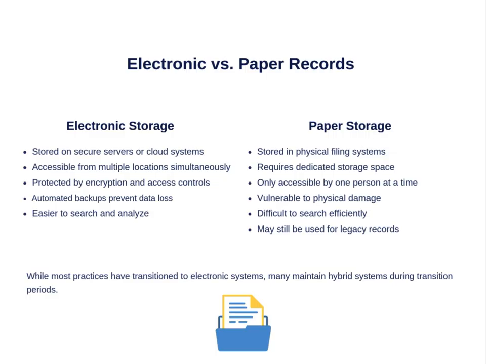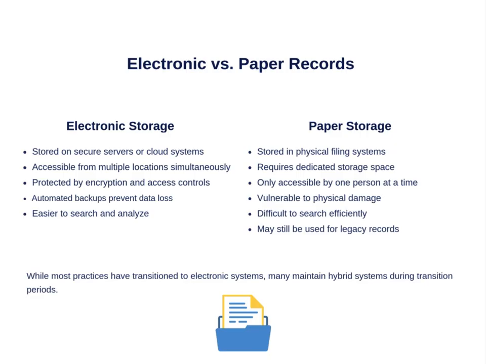So, electronic versus paper records. Electronic records are stored on secure servers or cloud systems. They are accessible from multiple locations. It definitely assists in collaboration with other team members, as well as other specialties.